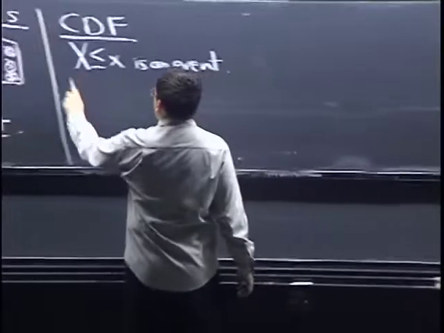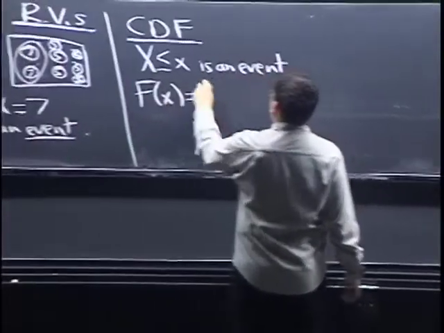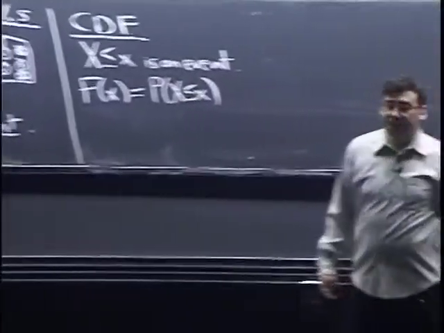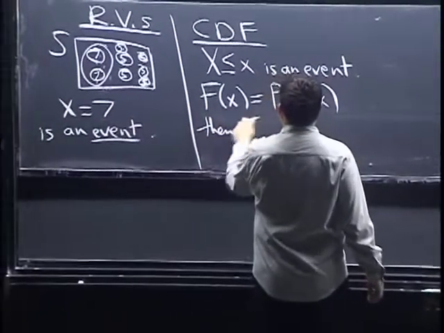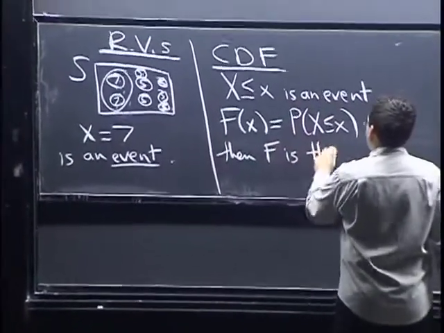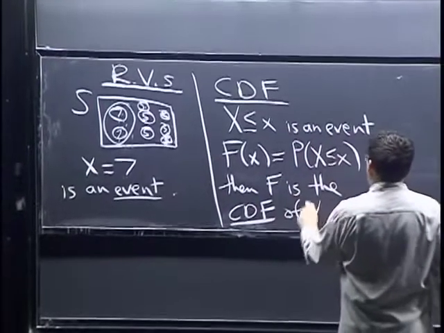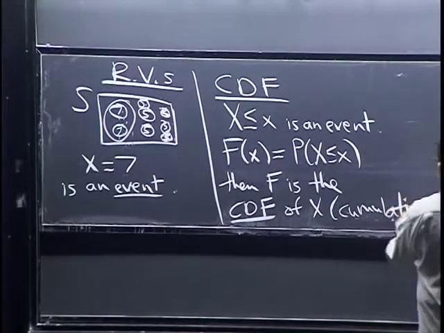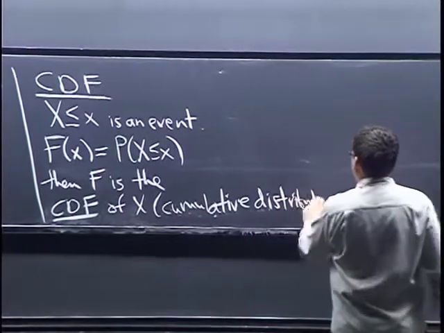So if we let F of little x equal the probability that X is less than or equal to little x, then this function, capital F, is called the CDF of X. And that stands for cumulative distribution function. That's too many letters to write, so that's why we call it CDF.